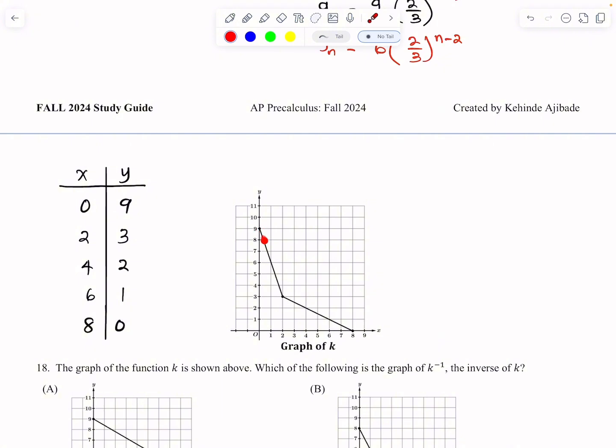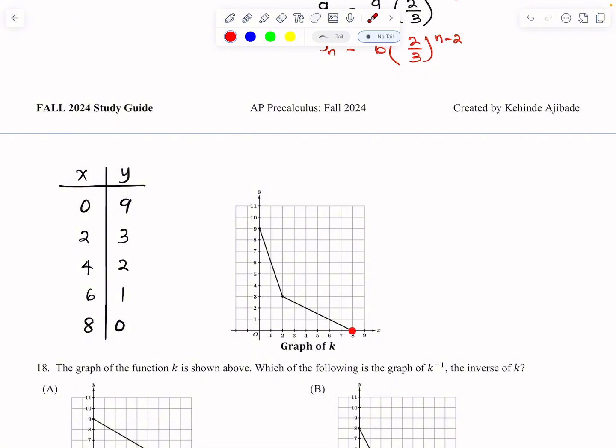Then I pick another point, when x is 2, y is 3. When x is 4, y is 2. When x is 6, y is 1. And I pick this x-intercept, when x is 8, y would be 0.